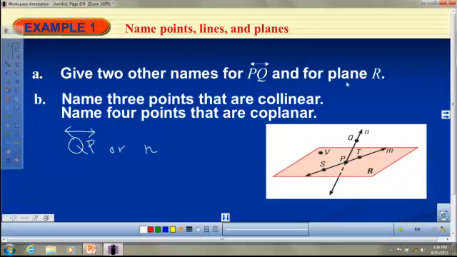Now for plane R, if you notice there's a lot of points on there, so we just need to use 3 of those. So I'm going to name it this way and choose 3 points like V, S, P. Or we could say plane VPT would be fine. Okay?